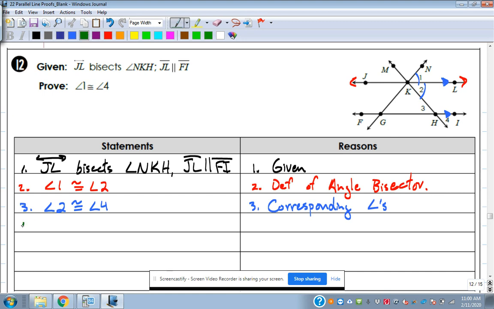Okay, so you're saying your statement 4 should be that angle 1 is congruent to angle 4. Okay. How does that help us? They're not supplements.